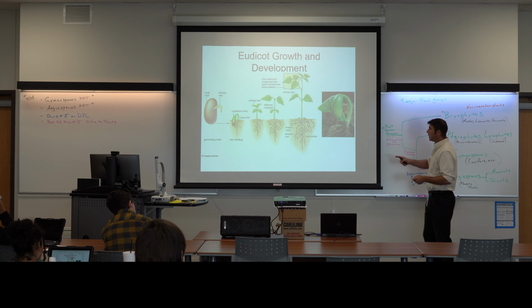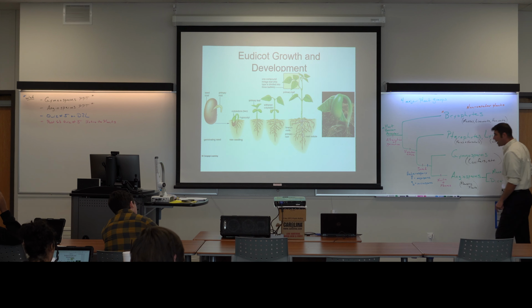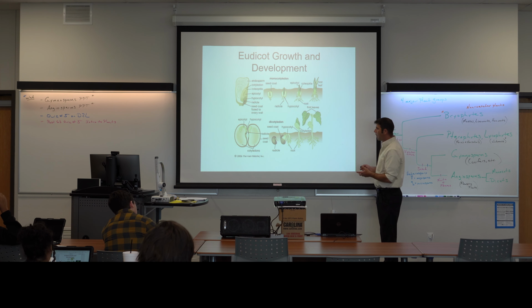It has to do with how many embryonic seed leaves you have when you, as a growing plant, just pop out of this seed coat. Some plants have 2 embryonic seed leaves. Those are the dicots. And other plants, like all of the monocots, this is a corn seed that is growing. Corn has parallel veins.